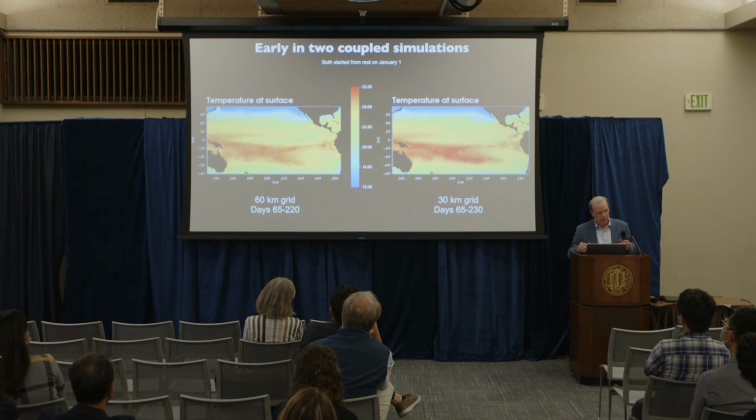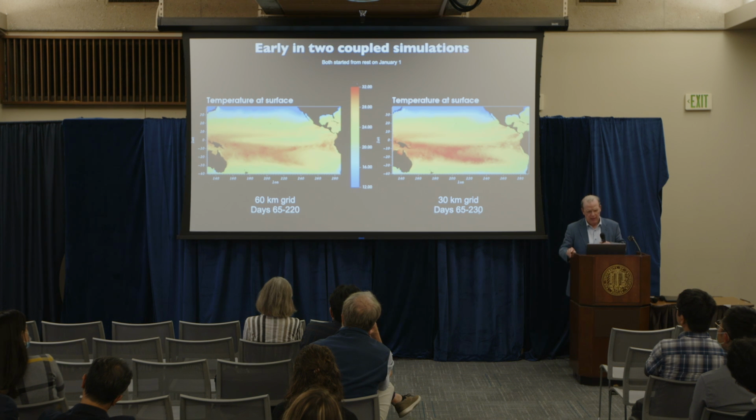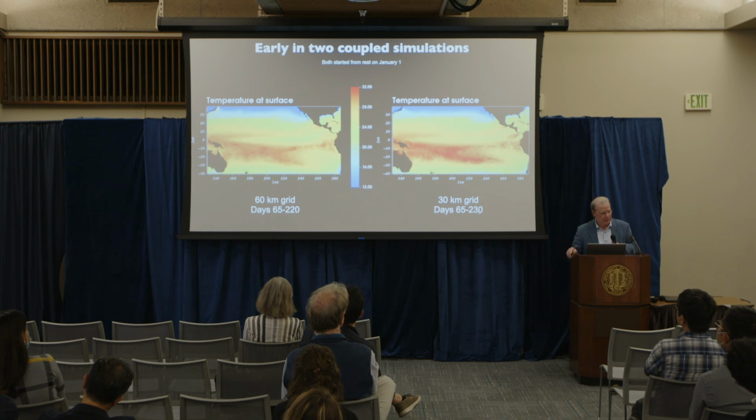And so the currents spin up early in the simulation. What you're going to see is the initial condition at day 65, starting from January 1. In the case of the 60-kilometer grid, it goes out to day 220. In the case of the 30-kilometer grid, it goes out to day 230. This is just something to do with the way the movies were made. It's not anything to do with the model.